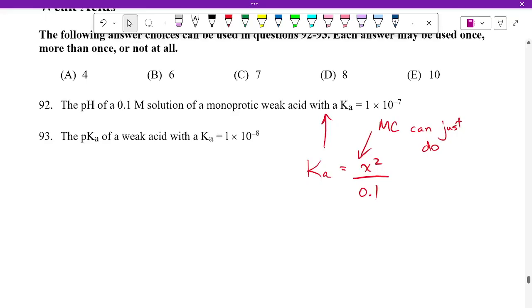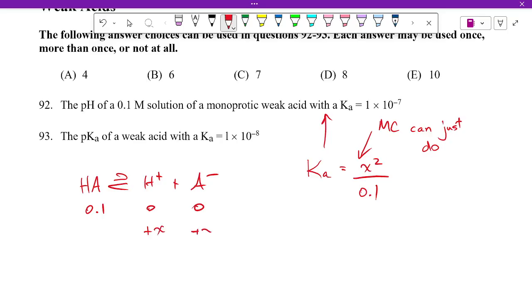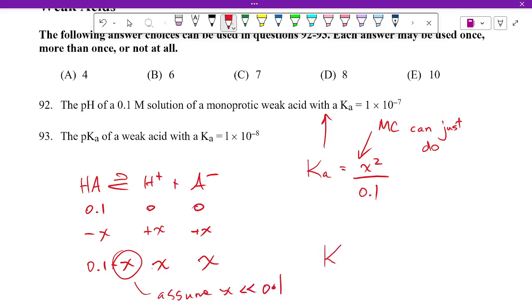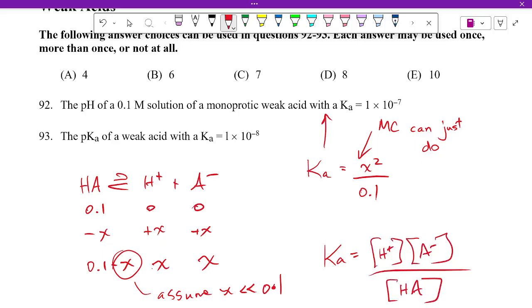But if you don't know how I got that, you can say, we have HA, H plus, A minus, 0.100, X minus X, 0.1 minus X, X. Assume X is much less than 0.1, and then you would have Ka is equal to H times A minus over HA, which gives you x squared over 0.1.